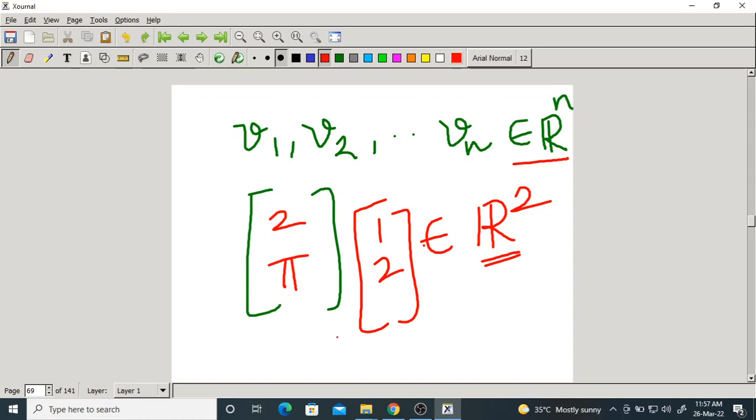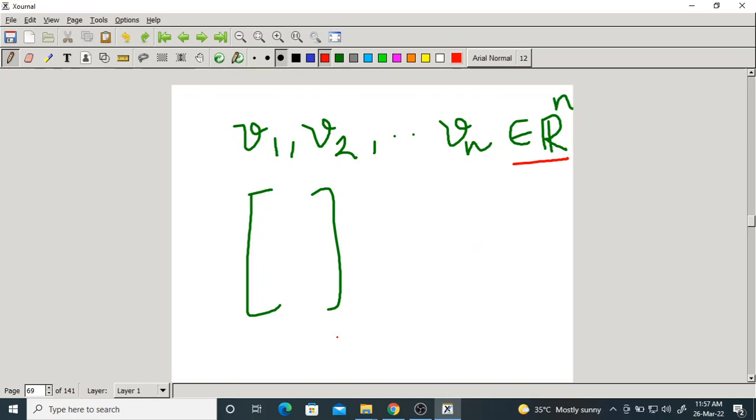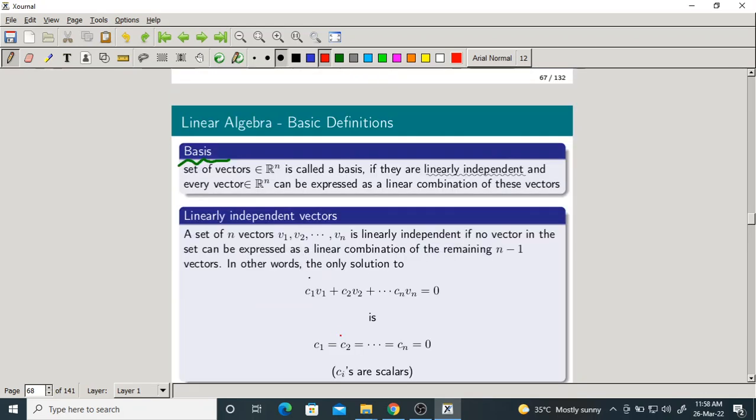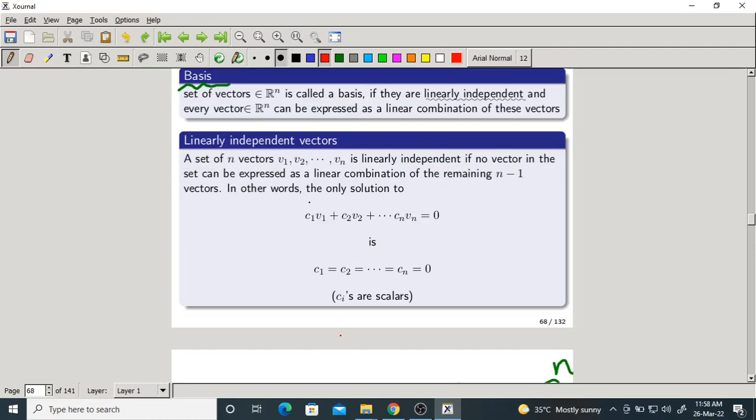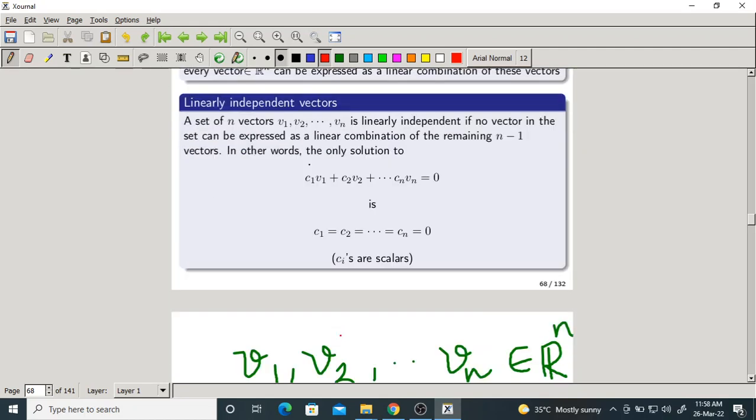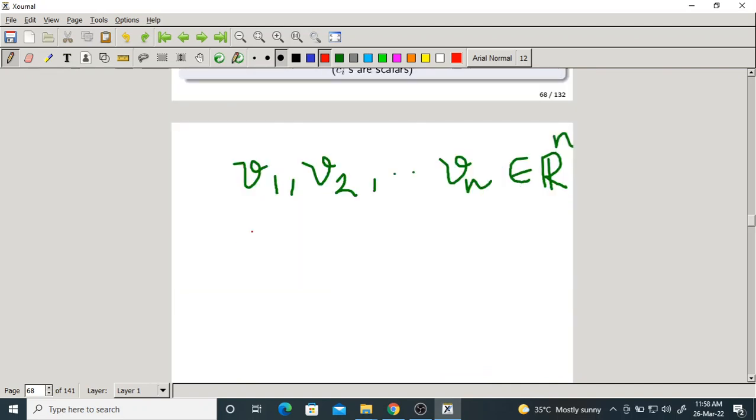A set of vectors belonging to Rn are said to be a basis if they are linearly independent. What do you mean by linearly independent? I told you in the last class also.